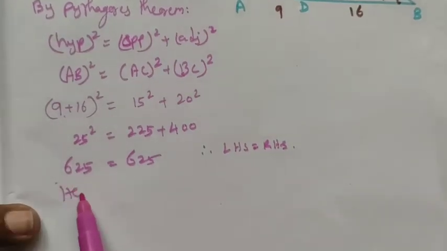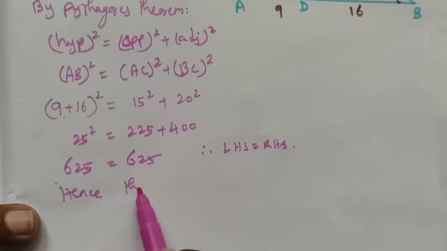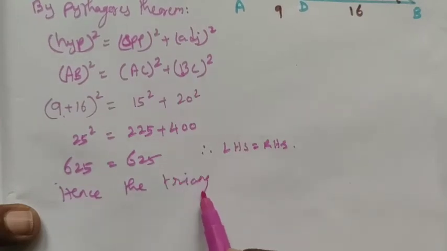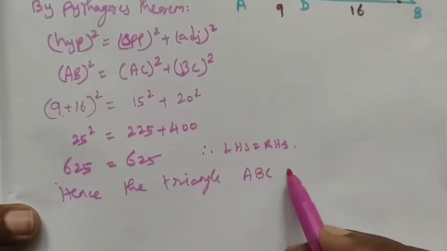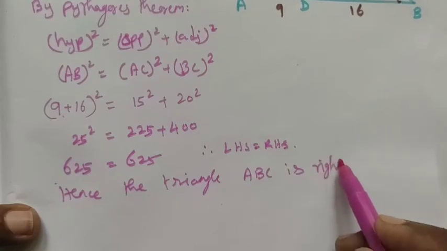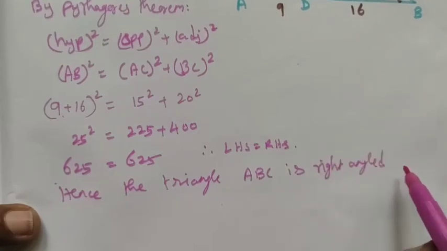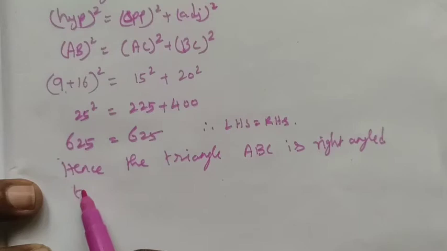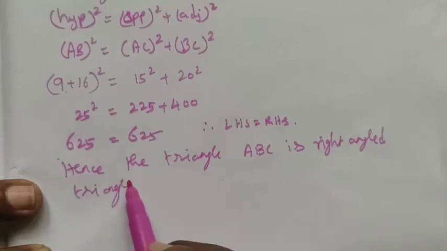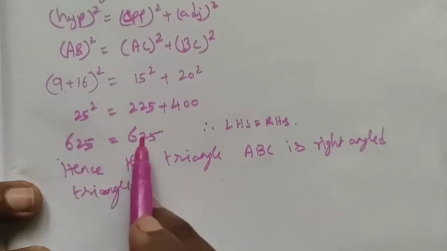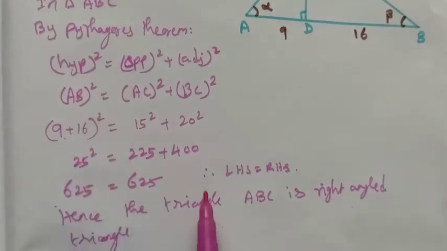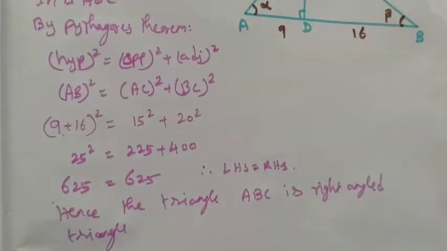Hence the triangle ABC is a right angled triangle. So it satisfies LHS equal to RHS by applying the Pythagoras theorem. Then we can say that triangle ABC is a right angle triangle.